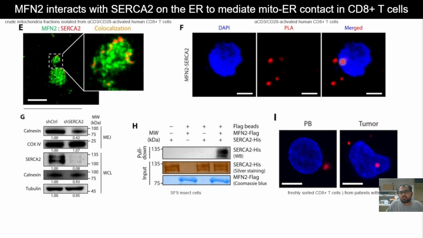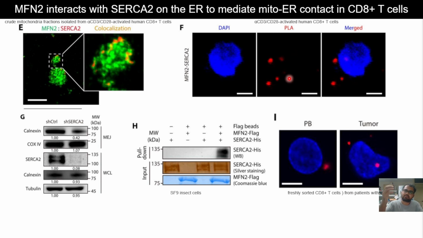Furthermore, they used this proximity analysis, in which if two proteins are close enough, they will give this red dot. If this red fluorescence is observed, it means that these two proteins are close enough. You can read about this particular method, how they did it. Basically, this method utilizes two different antibodies for the different proteins.